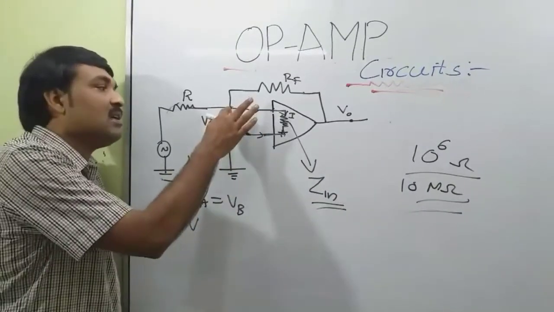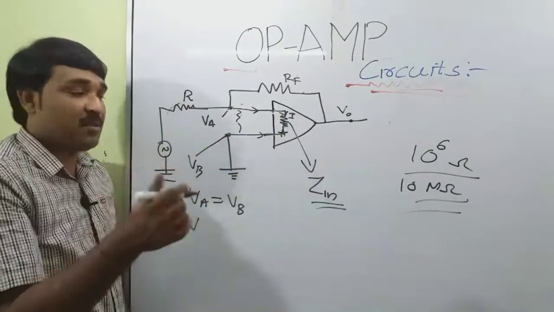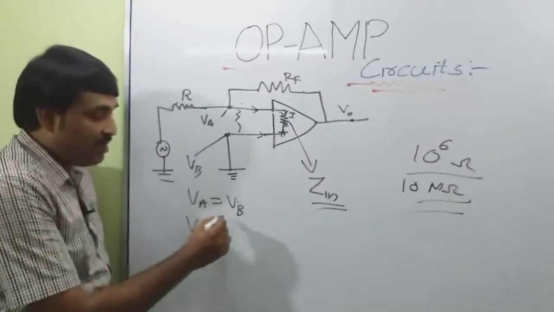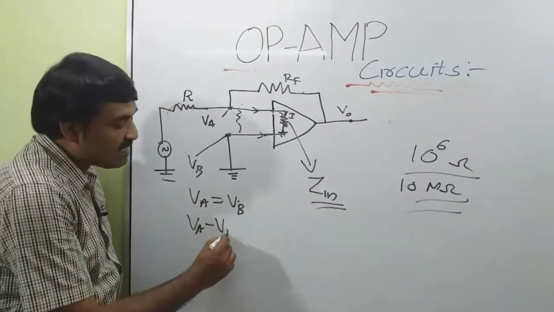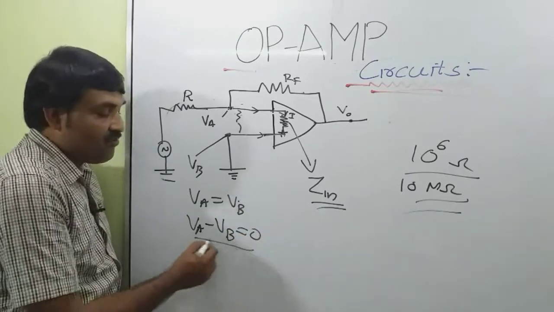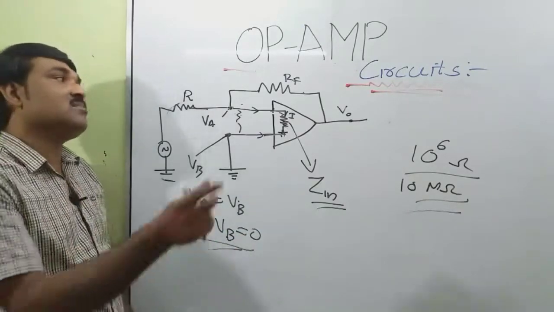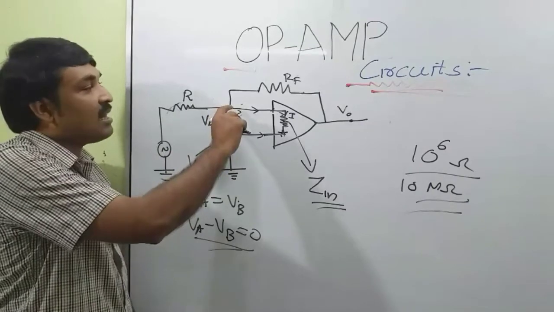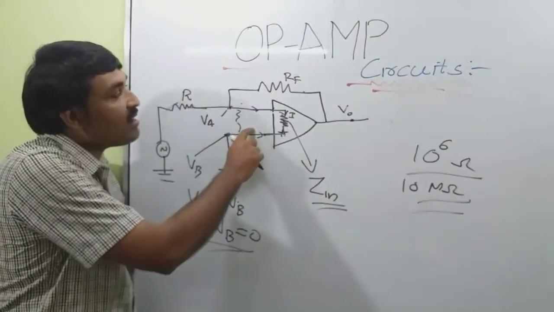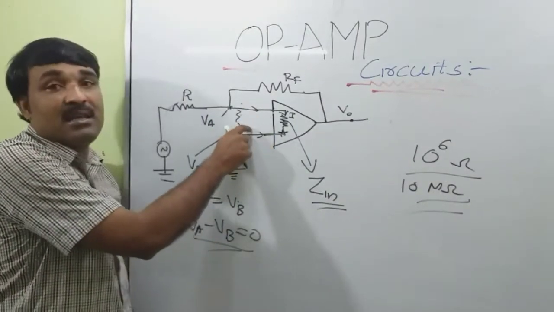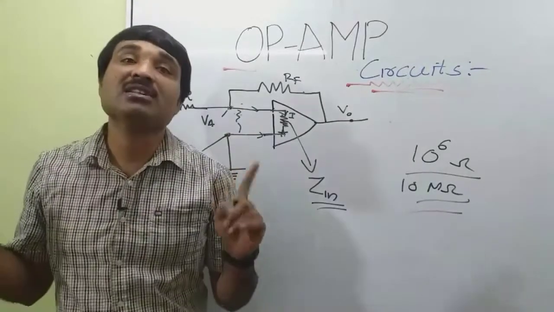Potential at the negative terminal is equal to the potential at the positive terminal. That is VA is equal to VB, or VA minus VB is equal to 0. VA minus VB is the potential difference between these 2 points. So that is equal to 0, meaning no current will flow inside these terminals. That is the principle of virtual ground.